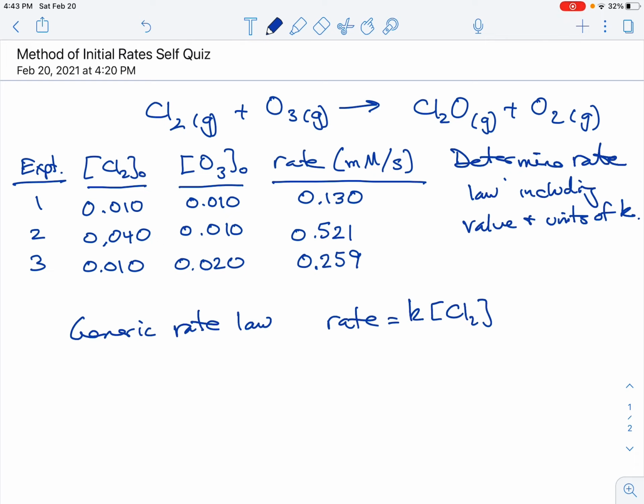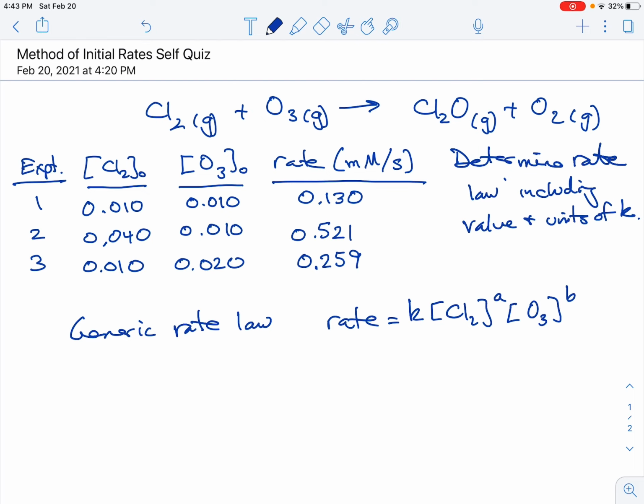We've got the Cl2, which we raise to the A power because these always have an order, or an exponent, times the O3 concentration to the B power, or the order with respect to O3. Remember, you're going to take these values up here in the table and plug those in, and try to get some things to cancel out. Hopefully that is a good hint for you. Go ahead and pause the video and work the problem.